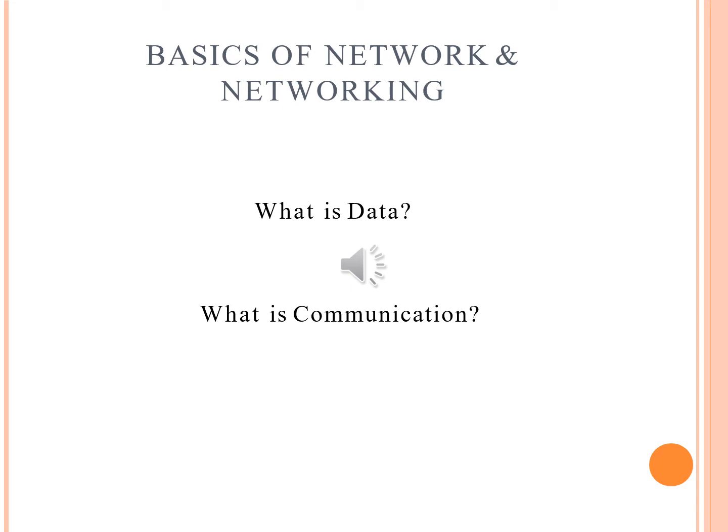This subject is usually known as computer networks, which is basically called data communication and networks. So we have to discuss all three terms: what exactly the data is, what exactly the communication is, and what exactly the networks are. So let us proceed to the next session.